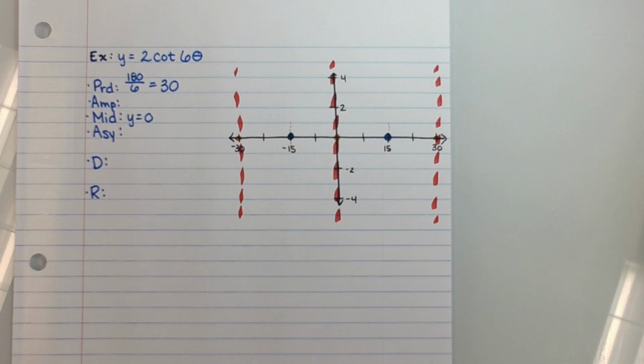As tangent is getting bigger, its reciprocal is going to be getting smaller. Would you agree that the moment I jump over tangent's asymptote, it is continuing to get bigger?